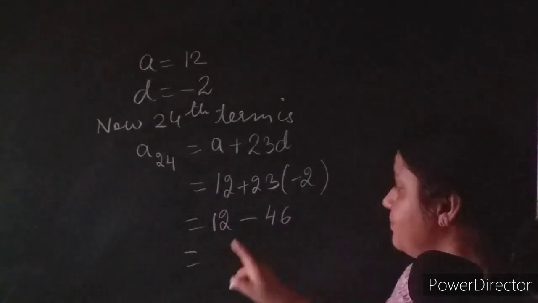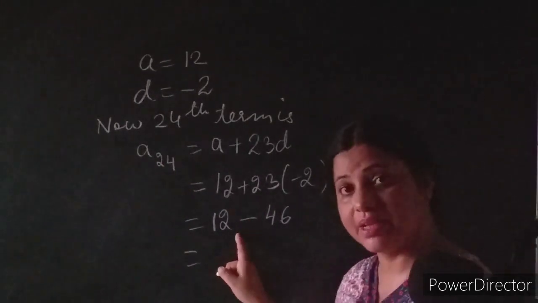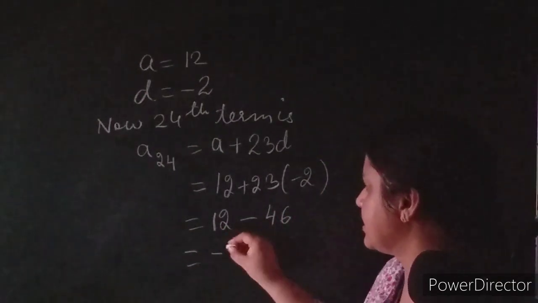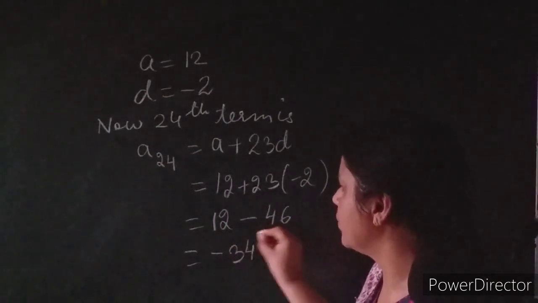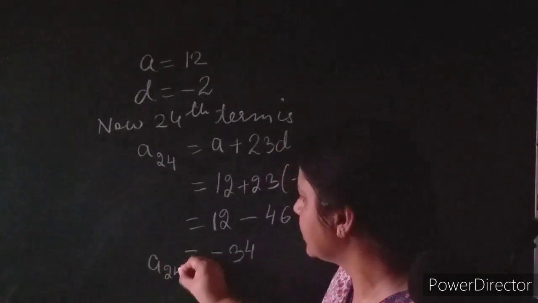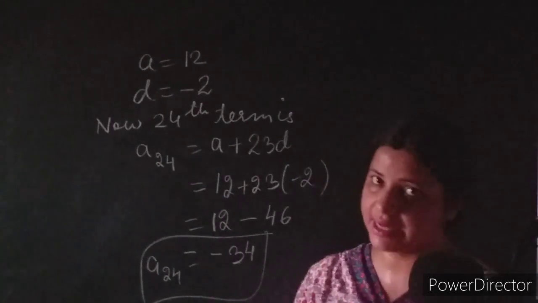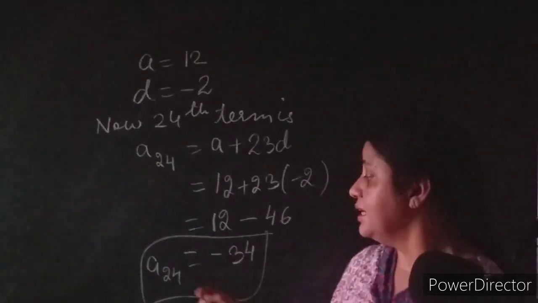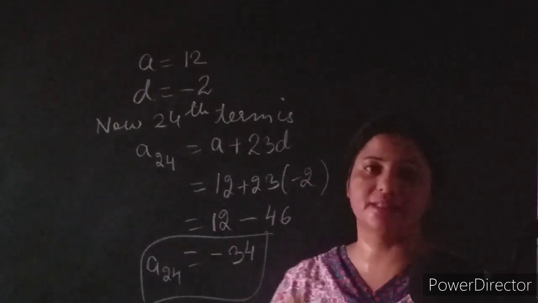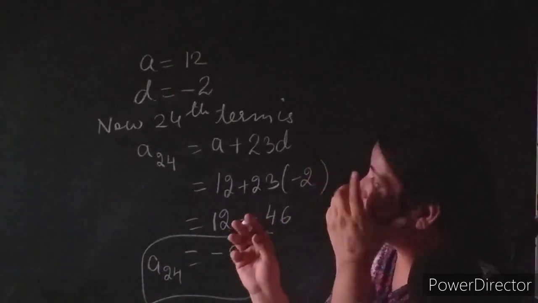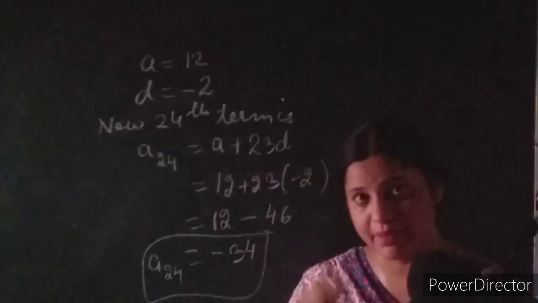Because the bigger term has the minus sign, our answer will be minus, and 12 minus 46 will be 34. So the 24th term in that AP, in that arithmetic progression given in the question, will be minus 34. Okay, so these are the simple questions which we will solve in our chapter of arithmetic progression.